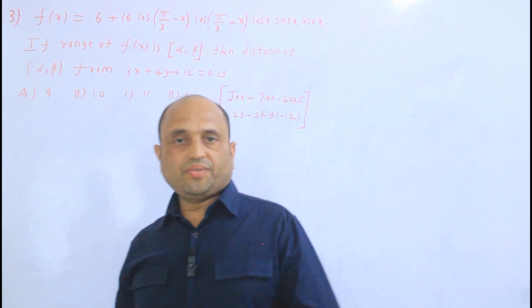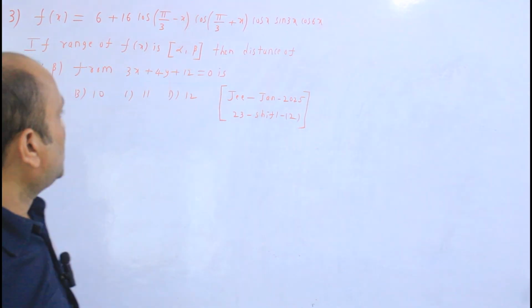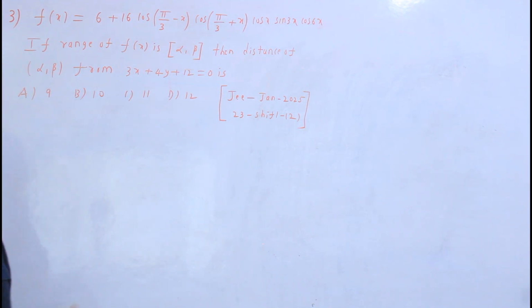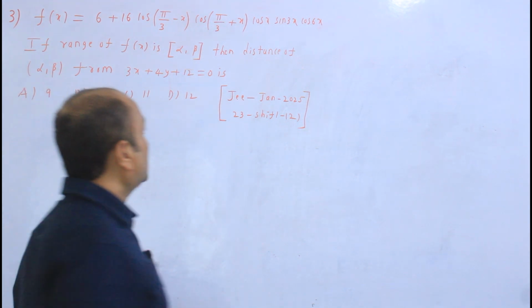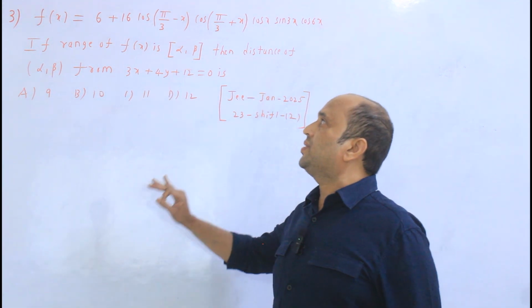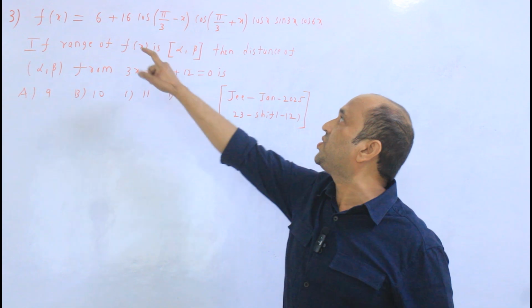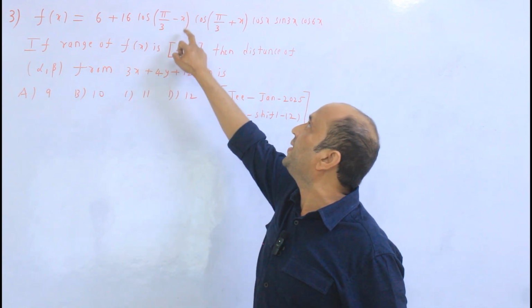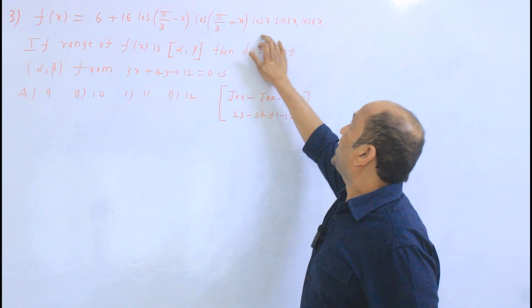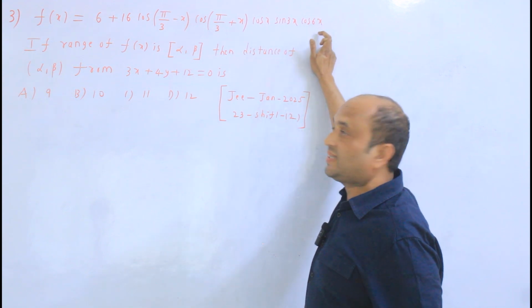So the next question is from trigonometry. Actually this is trigonometry and straight line, so they are both related topics in this question. The function f of x is given as f of x equal to 6 plus 16 cos(pi by 3 minus x) cos(pi by 3 plus x) cos x plus sin 3x cos 6x.